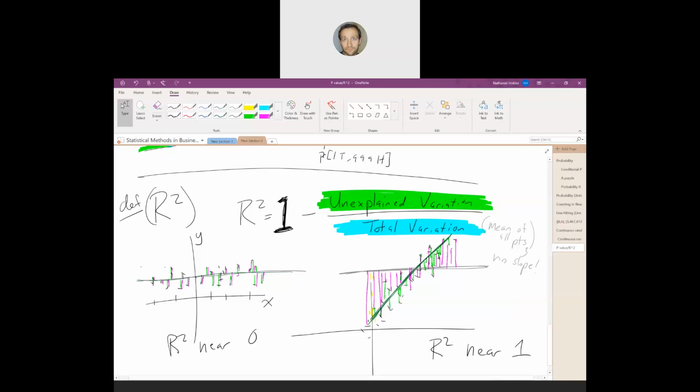Where here, this hypothesis line reduces a lot of these purple ones. Look at this purple one here. That's a huge variance for that one point away from the mean. But this line does a very good job of explaining it. That's a very small distance of this point to that line. So this line explains why this point is so far away from the mean. Okay, so that is it for the R².